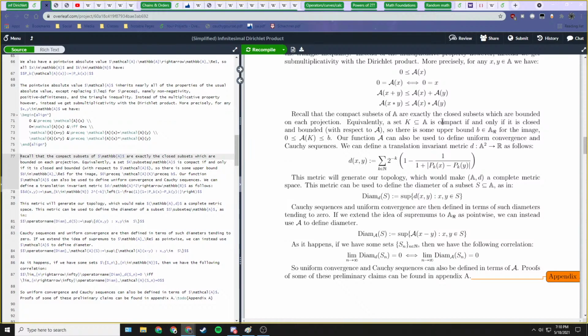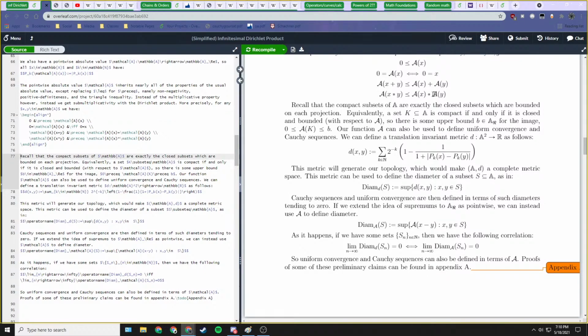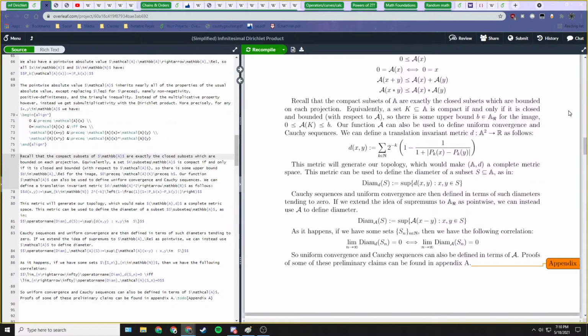But we do know that our a function does. Our a function plays very nicely with the Dirichlet product. We have submultiplicativity, better than multiplicativity even. So we can define uniform convergence and Cauchy sequences.